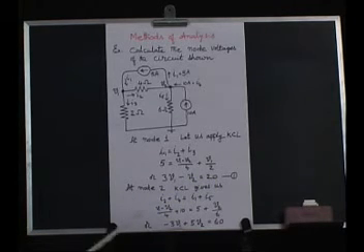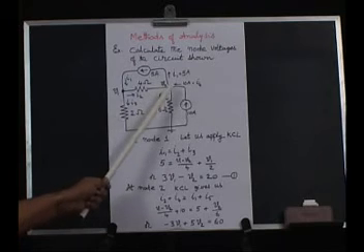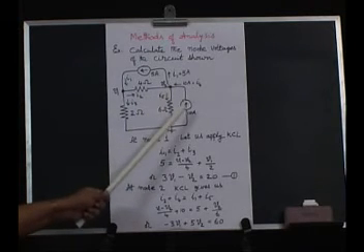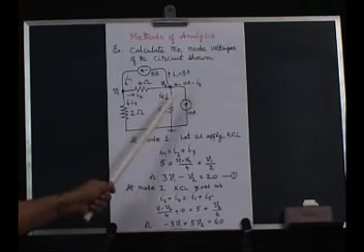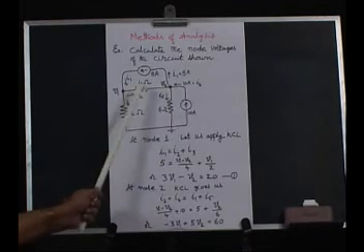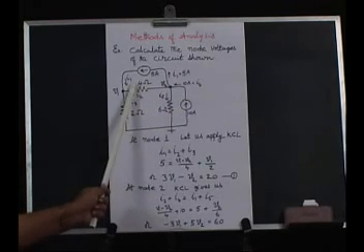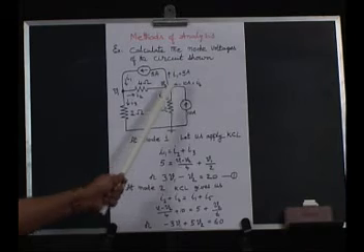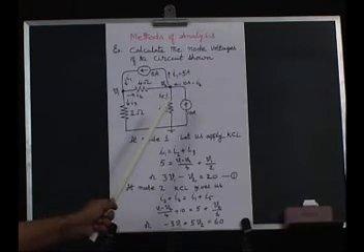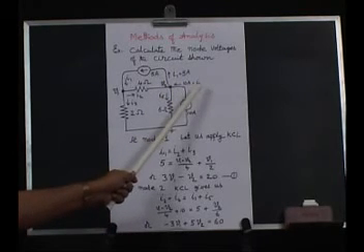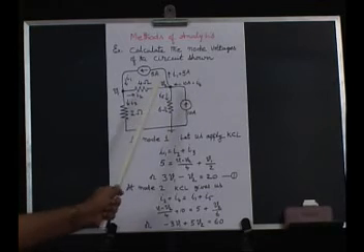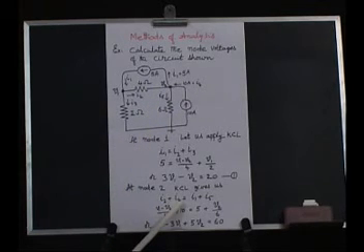Similarly, we shall write Kirchhoff's current law at the node V2. Here let us see how many currents are entering and how many are leaving. Two currents are entering, I4 and I2, and I1 and I5 are leaving. That's why we put I4 and I2 on the left hand side: I2 plus I4 equal to I1 plus I5. And we shall write the Ohm's law equation for I2.